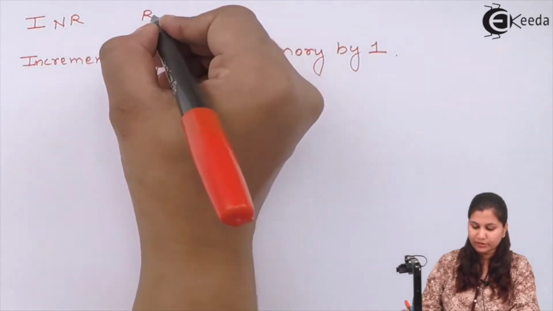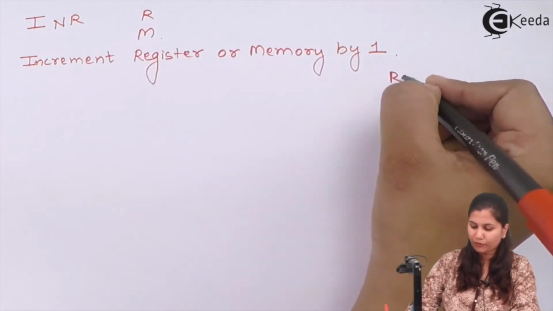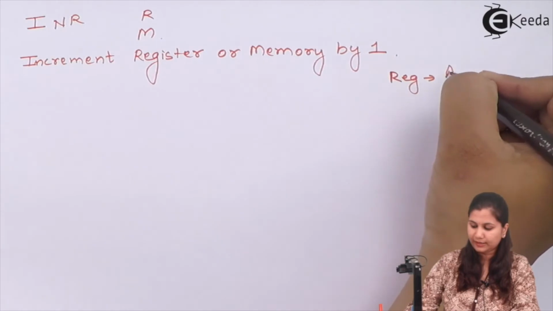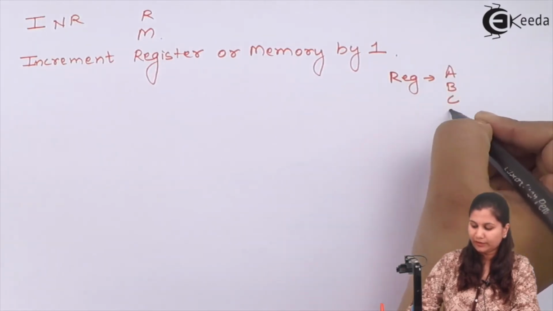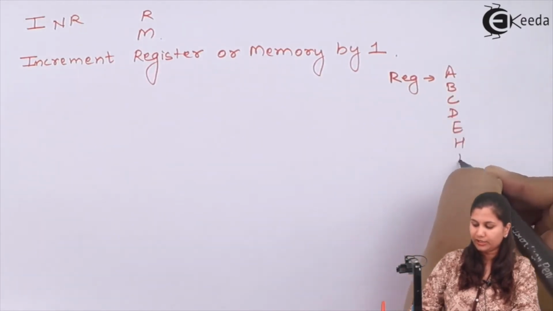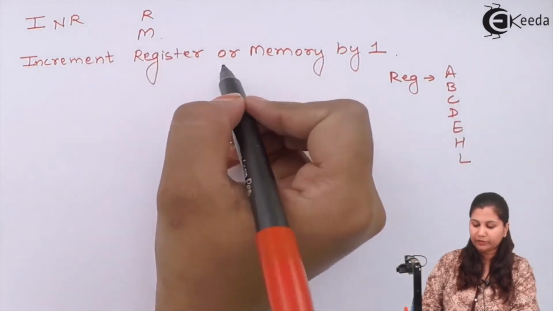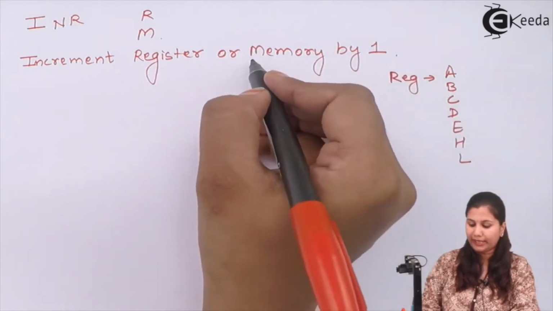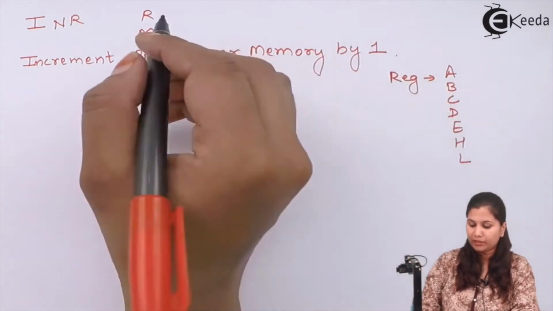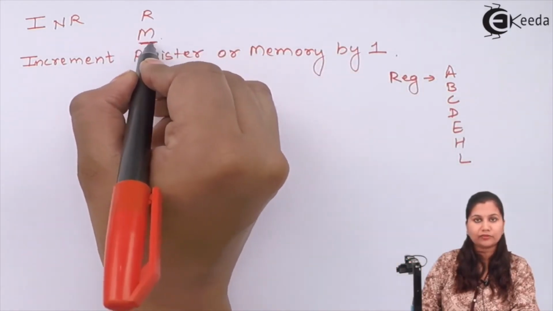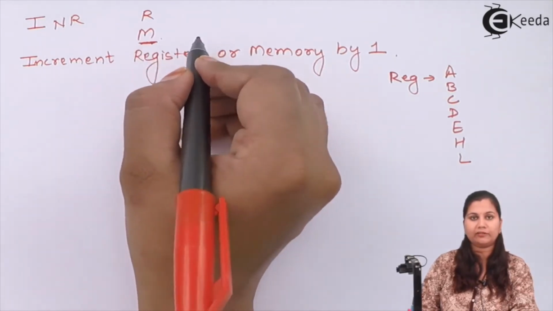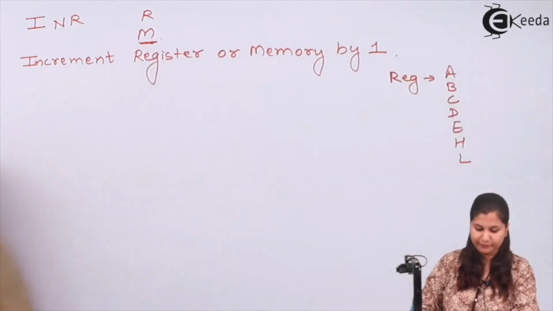So this register can be any of the registers A, B, C, D, E, H, L. Any of the registers can be incremented by 1, or it can be a memory also. Now the address of this memory location will be given by the HL register pair.